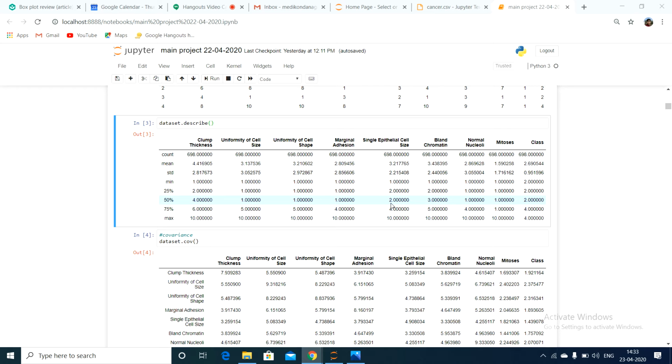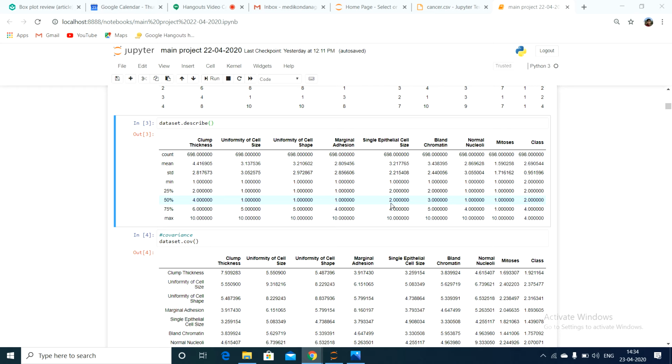So if a patient's or woman's data is a new instance, how it behaves is predicted by training with the old data. Inferential statistics gives us new inferences. We take a small amount of data, train with that, and predict for the larger population. That is nothing but inferential statistics.